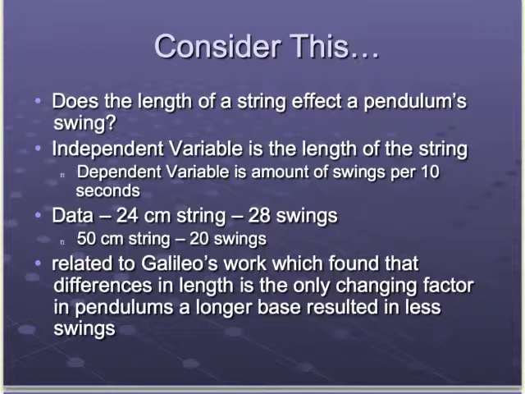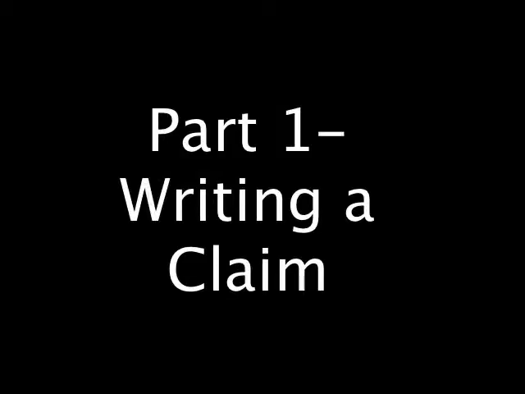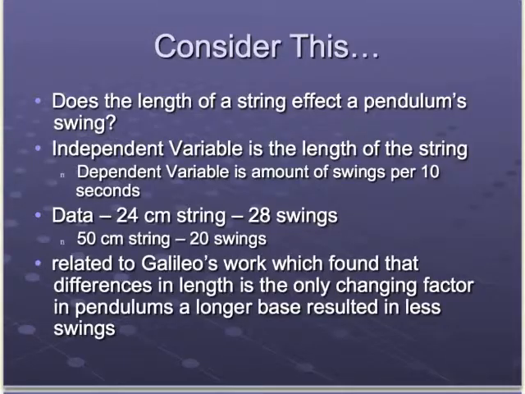Now, knowing all of this, and looking back to your own notebook pages, the research you have done and the data you've collected, how can we go about writing a claim? Keeping in mind that we need both our independent variable and our dependent variable worked into our claim, how could we write a strong claim?